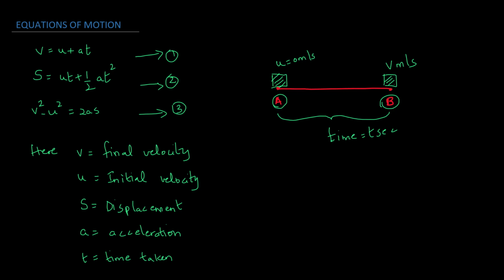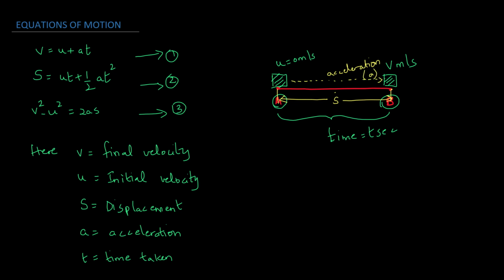The distance between point A and point B will be equal to s, or you can say the displacement between A and B that the object has to travel will be s. Now when the object is moving, it will attain some acceleration a.